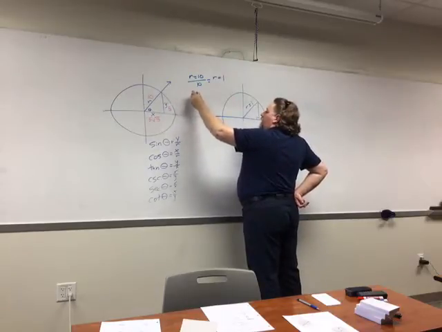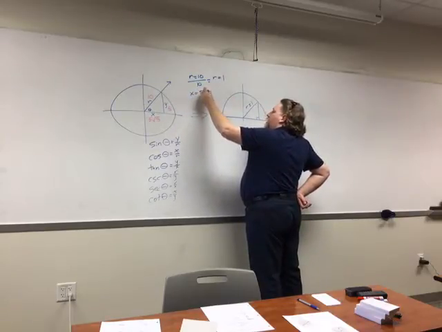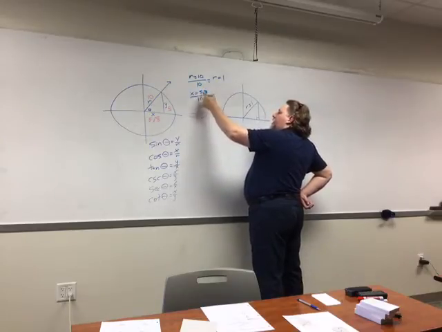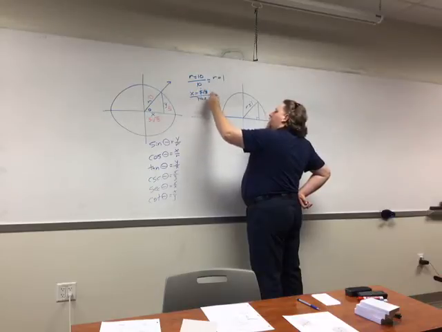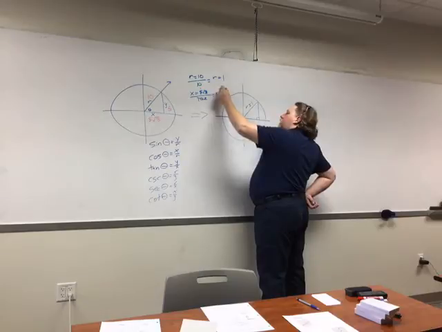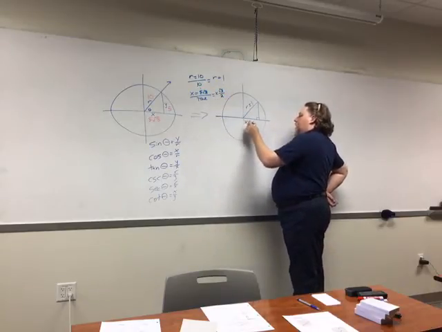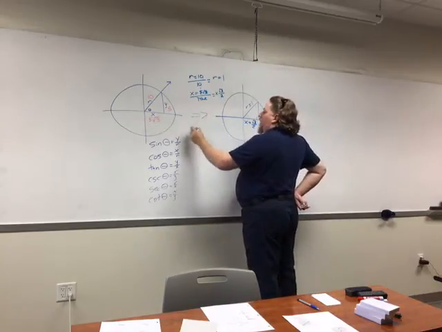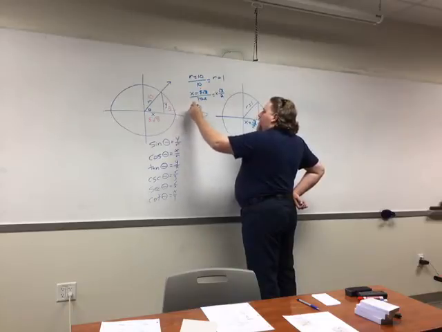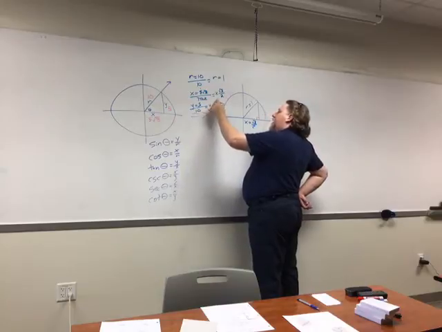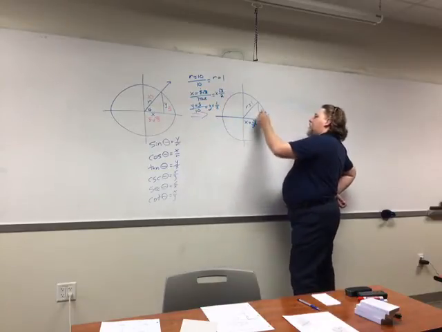The old x was 5 times the square root of 3. I'm going to divide that by 10. Well, 10 goes into 5 2 times, so the new x is square root of 3 over 2. And then what about y? Well, the old y was 5, and I'm going to divide that by 10, so my new y is 1/2.